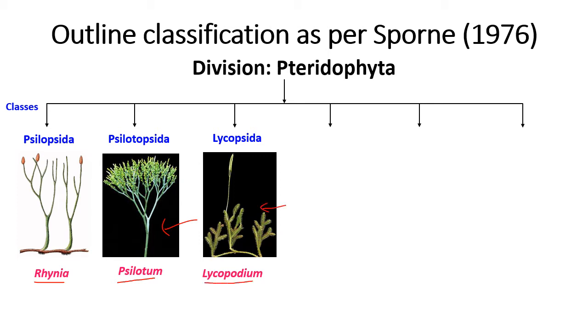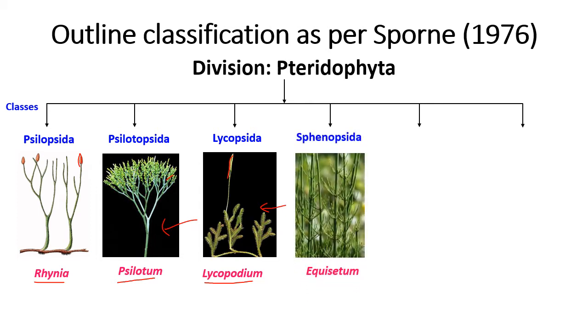Here you can see it is with strobilus, this is with synangia, this is with strobilus. The fourth class is Sphenopsida, and the representative is Equisetum, that you can see here.